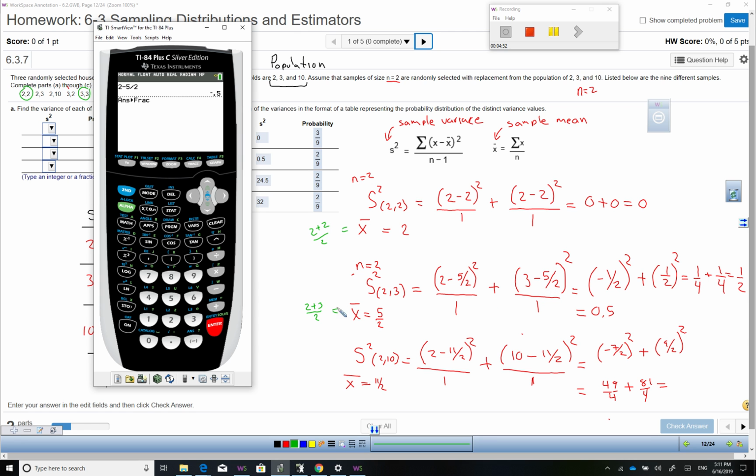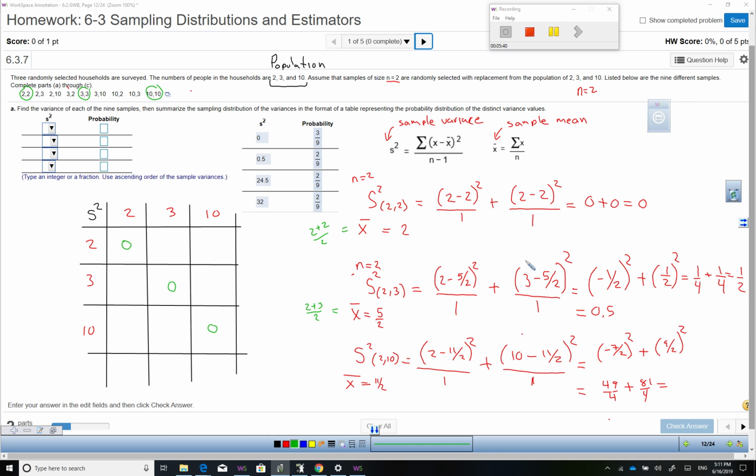Right? 3 minus 5 over 2, that is again 0.5. You type math 1, and that converts this 0.5 into a fraction. So that is in case you forgot how to handle fractions.